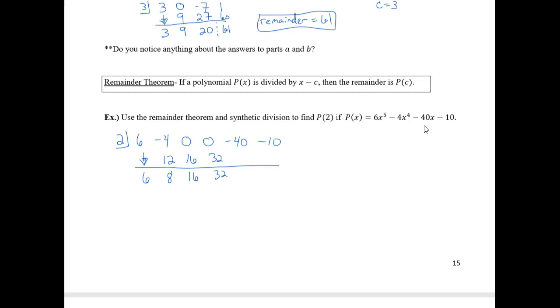Multiply. 2 times 32 is 64. Add negative 40 plus 64 is a positive 24. Multiply. 2 times 24 is 48. And add negative 10 plus 48 is 38. So that means, based on the remainder theorem, that P of 2 equals 38.